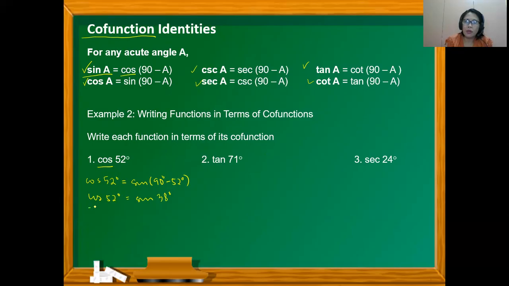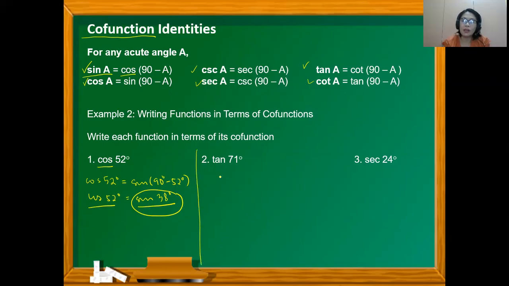Now, when you calculate the approximate value of both sides, they should be equal. When you press cosine 52 in your calculator, take note of its approximate value and compare that with the approximate value of sine 38, you will notice that they're equal. So the answer for number 1 is sine 38. Cosine 52 equals sine 38.